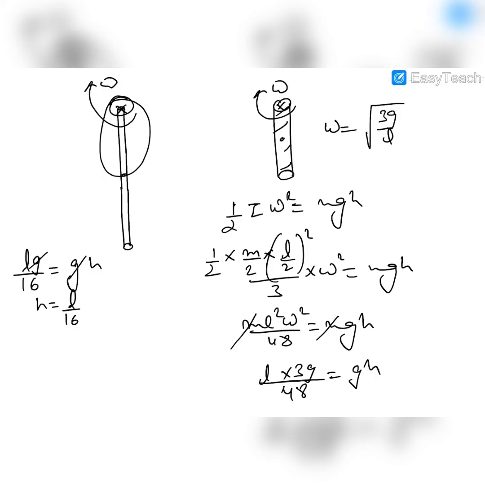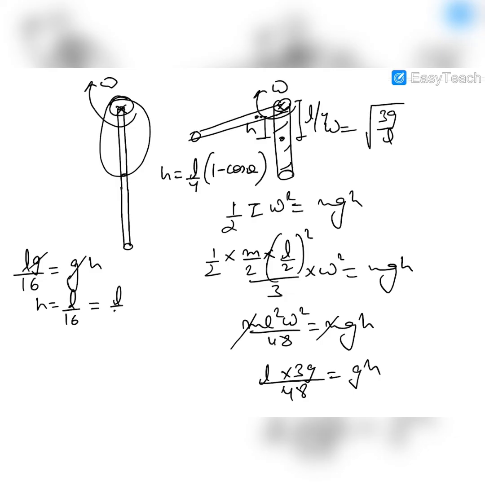What is h? The height ascended h will be L by 4 into 1 minus cos theta.